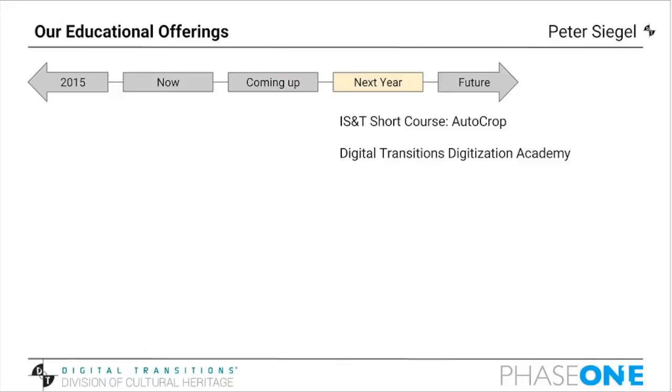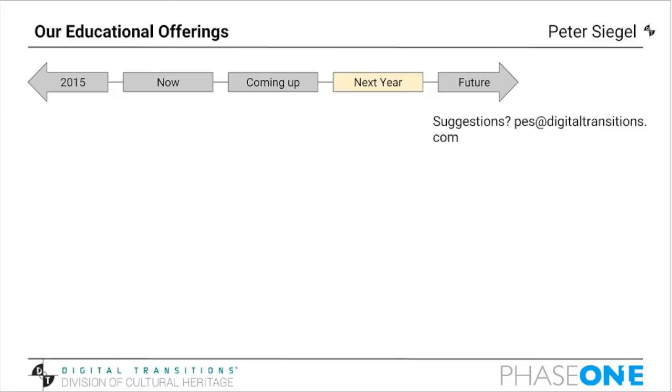We're going to get into discussions about advanced algorithms and how to optimize workflows based on autocrop tools. And also, we're going to announce a digitization academy. And this webinar today is loosely tied to that. Again, it's designed as a core curriculum up to advanced topics. So keep your eyes out for that as well.